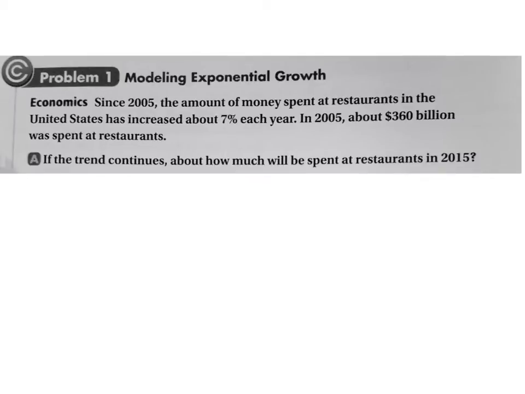We need to write down our formula first, and if you remember from the last slide, it's y equals a times b to the x power. And a is going to be our initial amount, and b is going to be our growth factor, and x is going to be our number of periods.